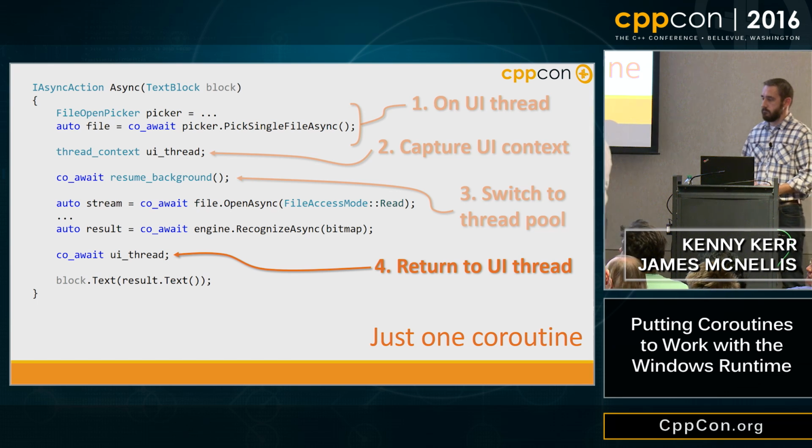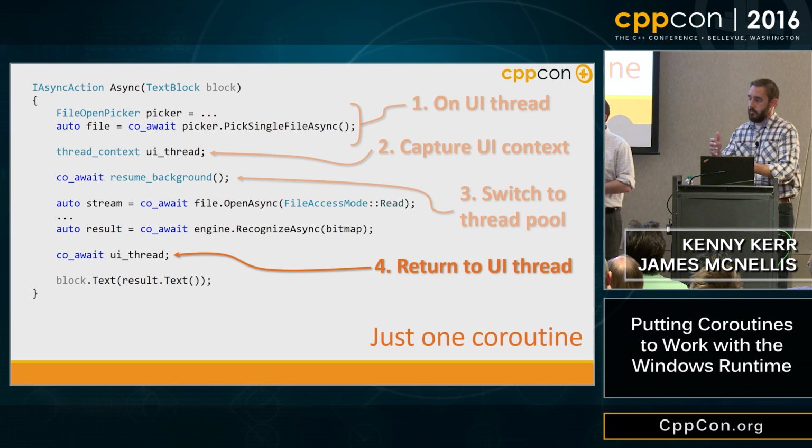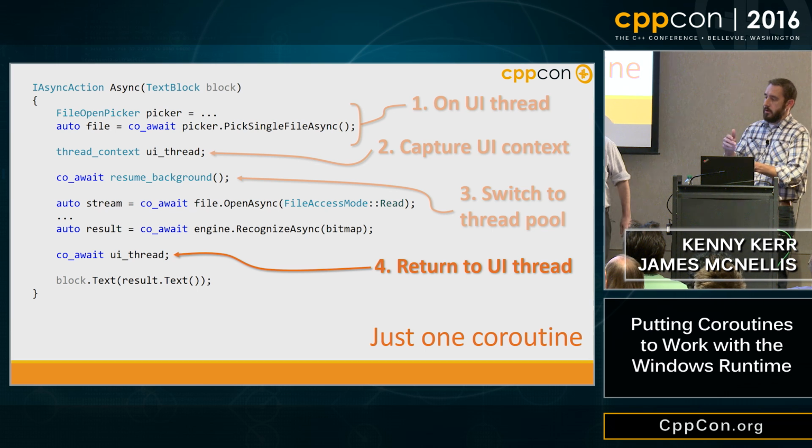What if an exception is thrown while you're on the background thread? That's fine. Wherever the exception is thrown, it'll be caught by the next boundary, and it'll just propagate up the stack.